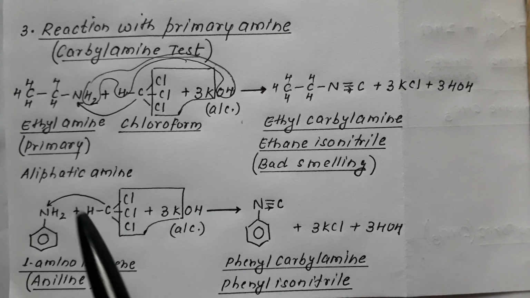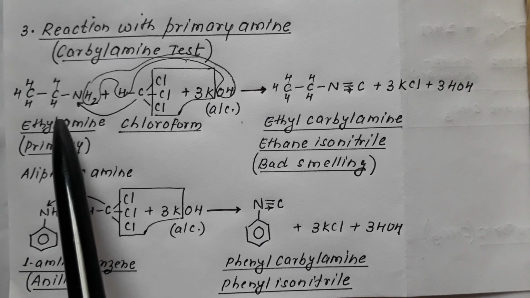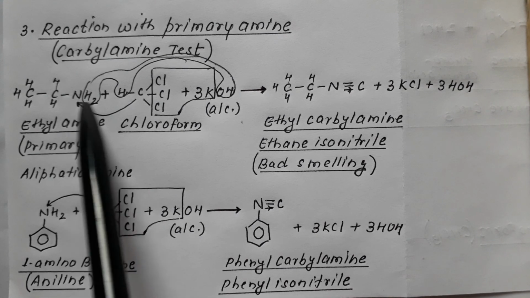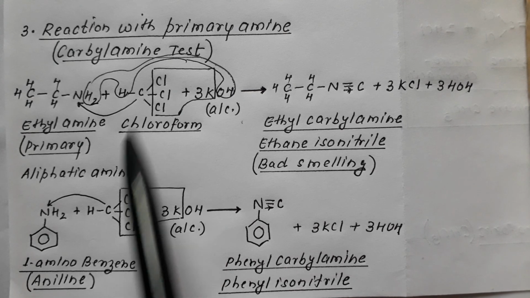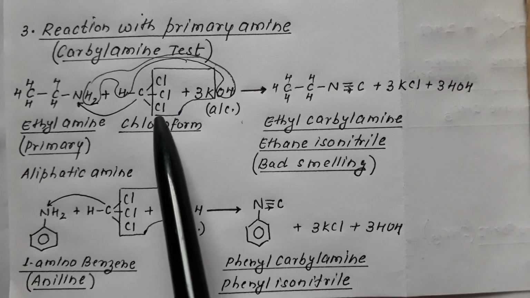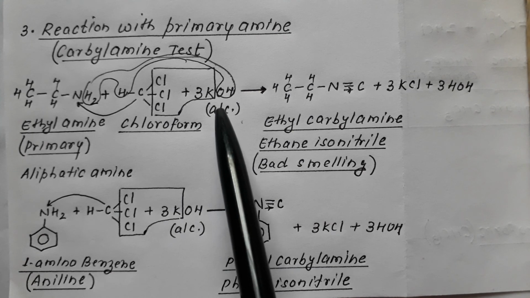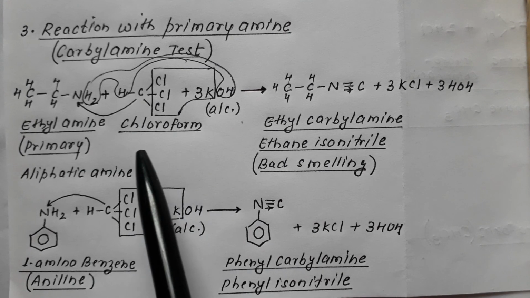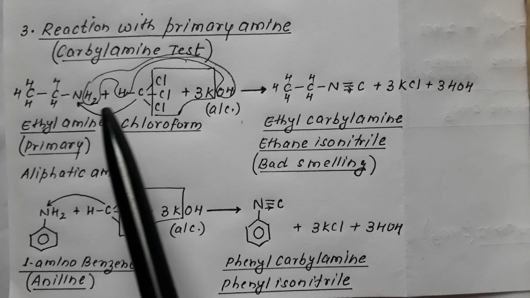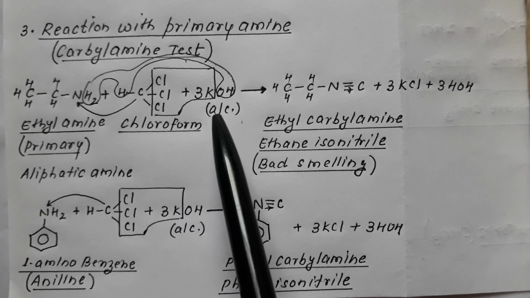So whenever any primary amine, such as methylamine, ethylamine, propylamine, any primary amine having NH2, is mixed with chloroform, CHCl3, and alcoholic KOH, it reacts in the ratio 1:1:3: one molecule of amine with one molecule of chloroform and 3 molecules of alcoholic KOH.